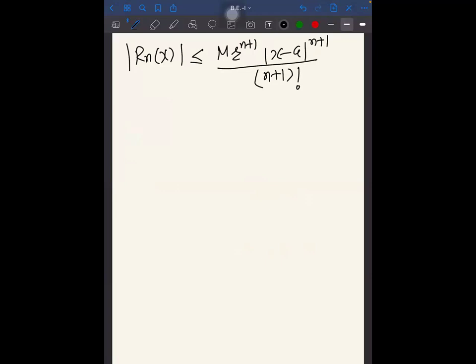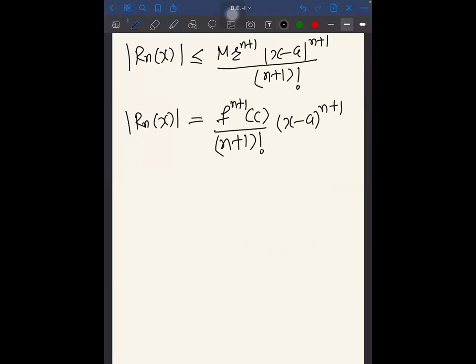See, in our previous result, how was R_n(x)? Can you tell me? It was f^(n+1)(c) upon (n+1) factorial times (x - a) raised to power n+1. Right? So now you see that these two terms are the same.